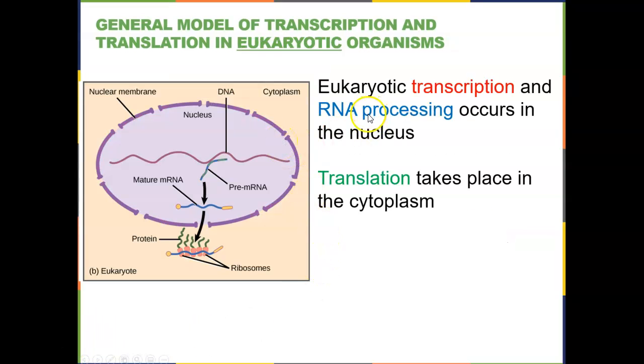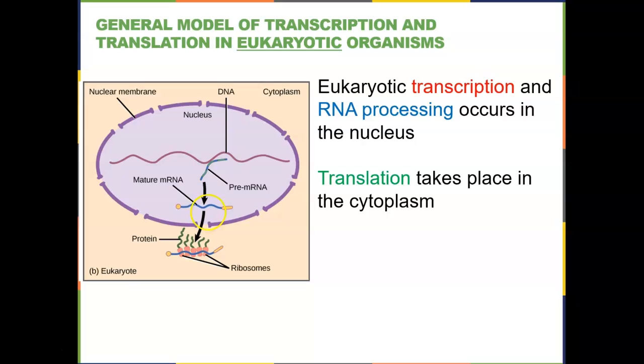Whereas in eukaryotic organisms, we find that transcription and RNA processing happen inside of a nucleus. So here's our DNA, the purple ribbon. From that, we make a beginning messenger RNA, but we have to process that messenger RNA and take out the unneeded bits and make changes. And then we have to transfer this messenger RNA out into the cytoplasm so that it can connect with ribosomes and then actually start translating the code into proteins.